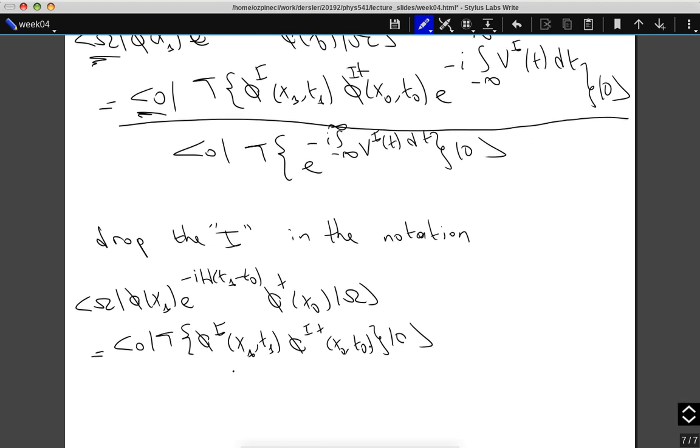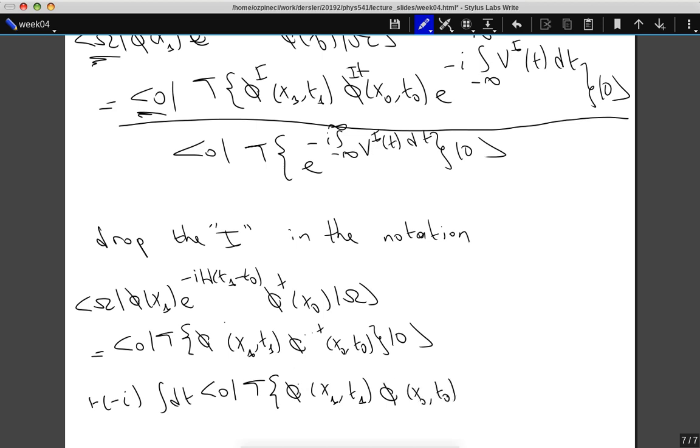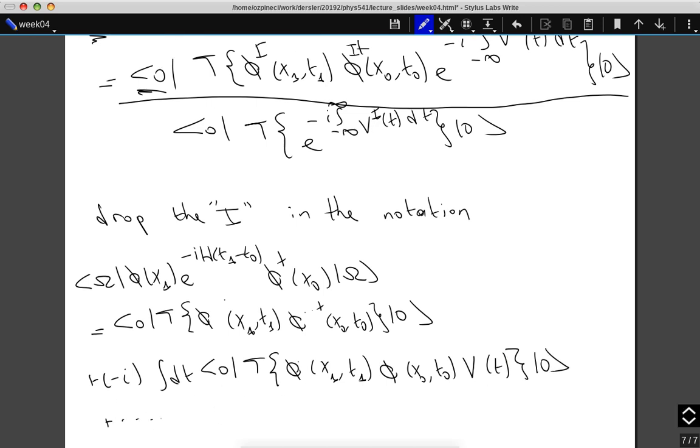This is the first term. The first correction to this term will be, for example, minus i, integral dt, the empty-state matrix element of the time-ordered product of phi(x1, t1), phi(x0, t0), V of t, plus all the higher terms, with 1 over the other matrix element.